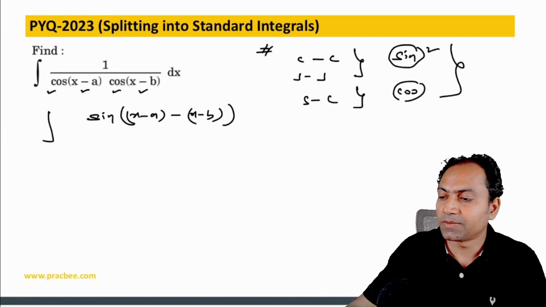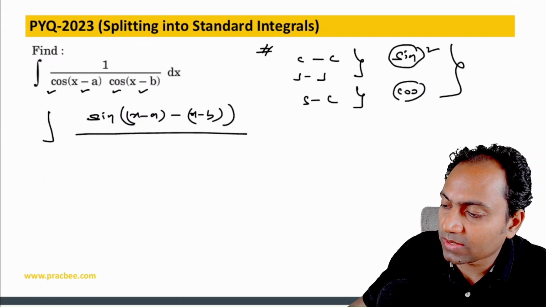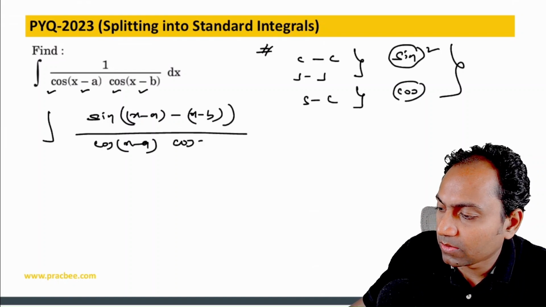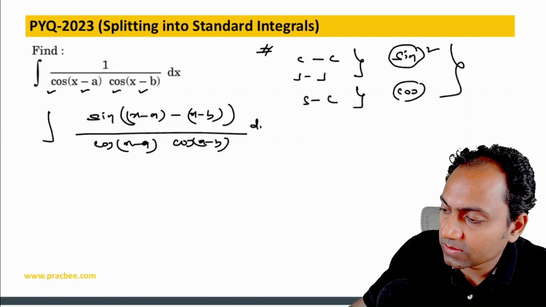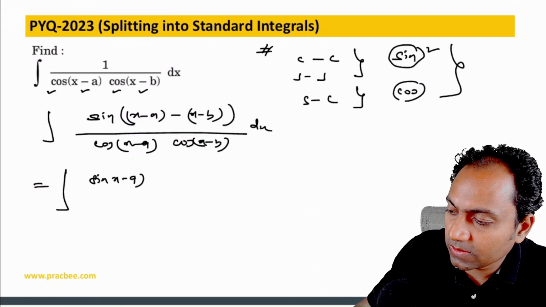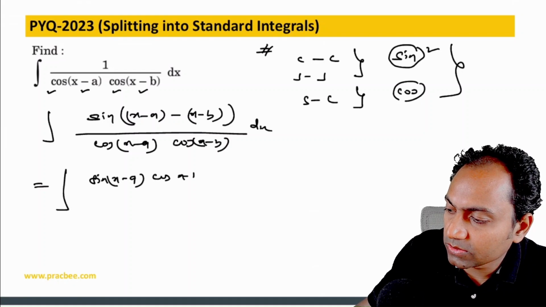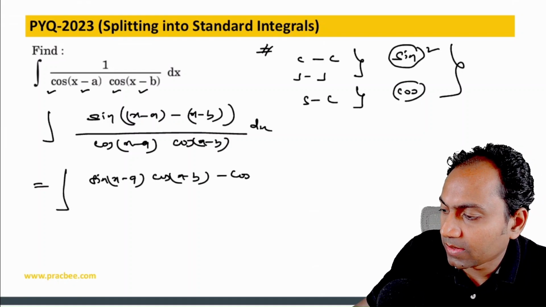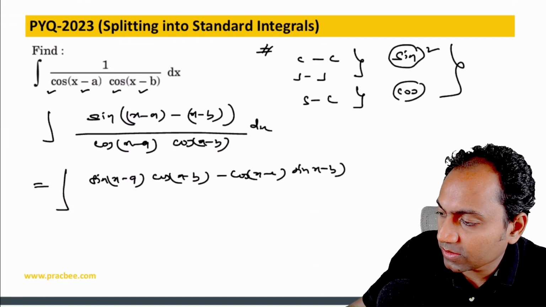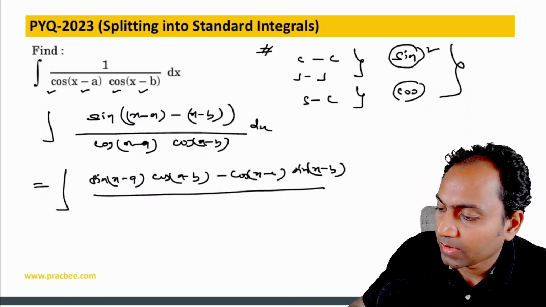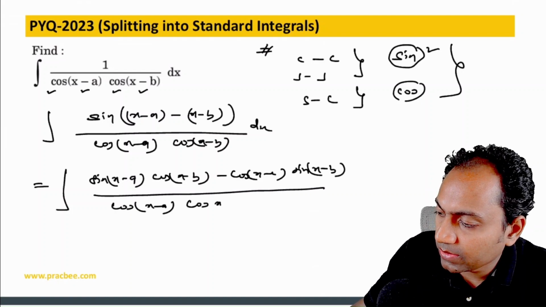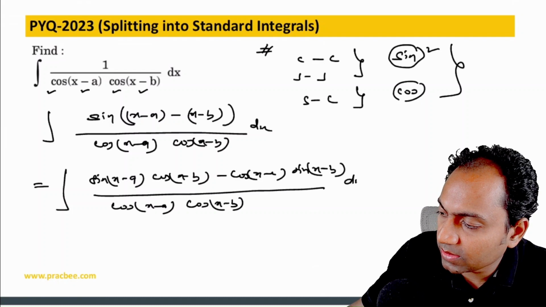So if you do that, what is going to happen is this we can write as cos of x minus a into cos of x minus b dx. If I split it, this becomes sine of x minus a cos of x minus b minus cos of x minus a into sine of x minus b by cos of x minus a into cos of x minus b dx.